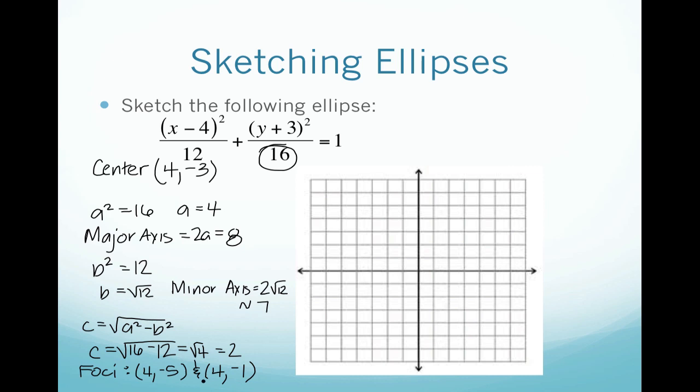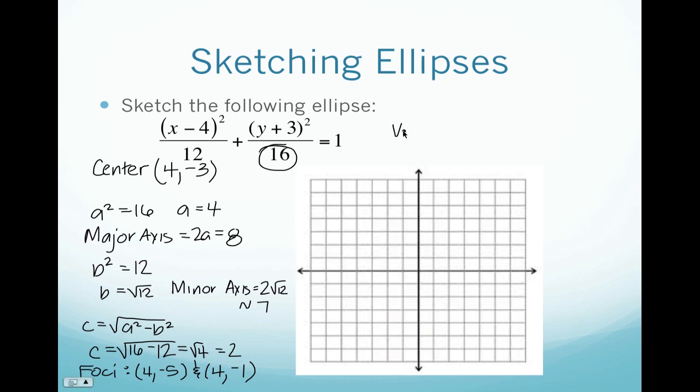So the last thing that we're going to figure out is the vertices on the major axis. And these are easy. We are just going to use the length of our major axis. So remember, our major axis is 8, but a equals 4, so we'll just add and subtract that to the y coordinate of our center to get our vertices. I kind of ran out of room here, so I'll go over it up here.